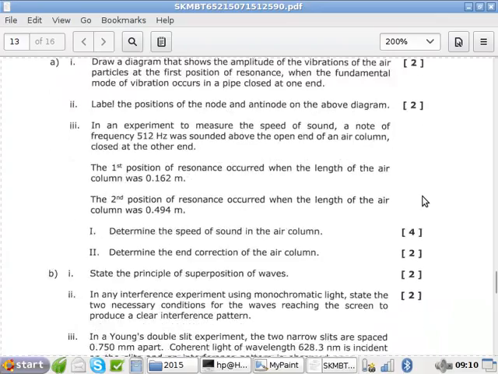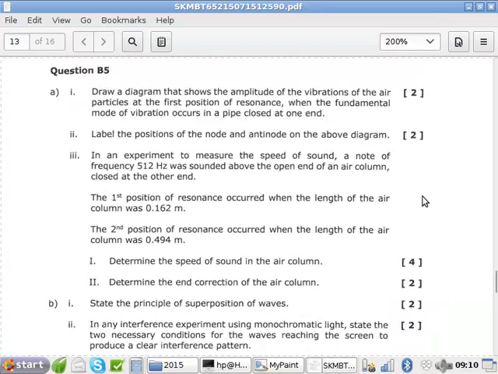Draw a diagram that shows the amplitude of the vibrations of the air particles at the first position of resonance when the fundamental mode of vibration occurs in a pipe closed at one end. Okay, so this is part 1.